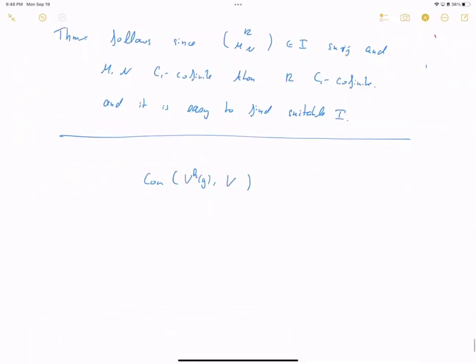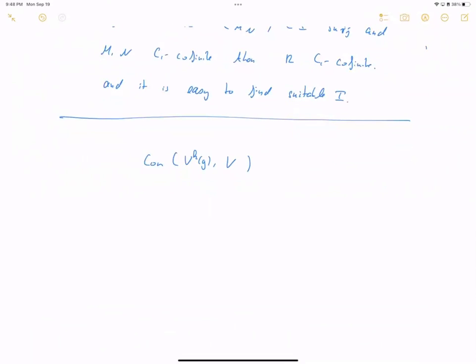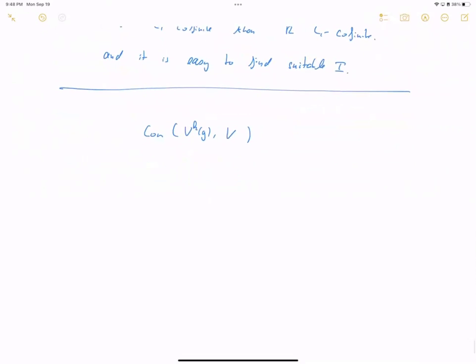So now you want to understand what's the commutant, and what you can do is take V, and tensor it with the affine VOA that you're interested in, but not at level k, but at level minus k minus twice the dual Coxeter number.